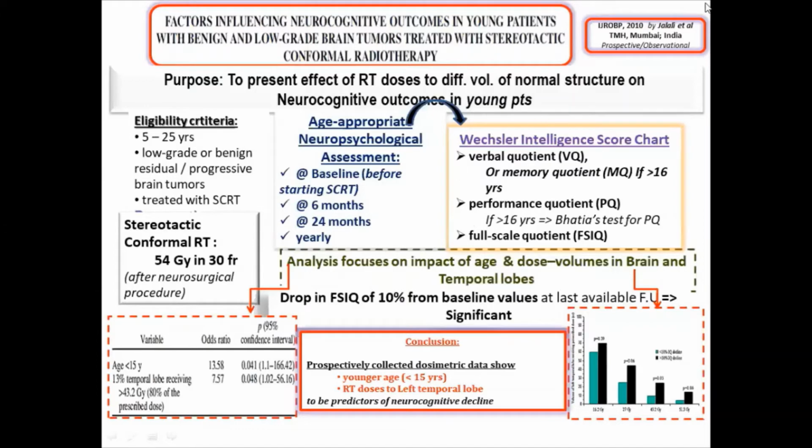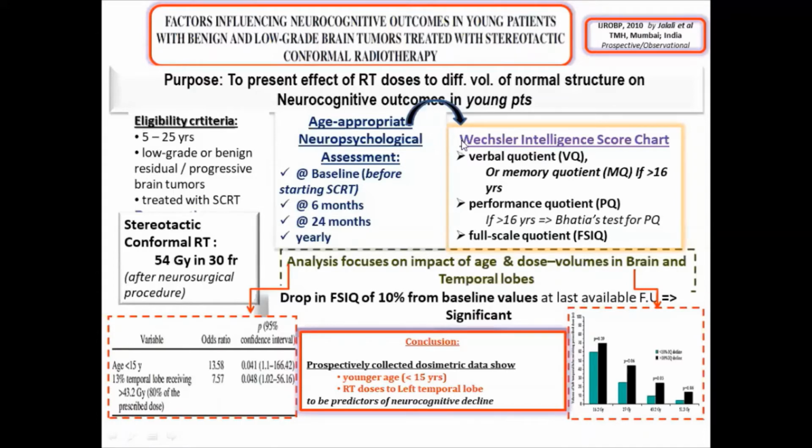So this was a study by Jalali et al., published in 2010, showing the factors influencing neurocognitive outcomes in young patients with benign and low-grade brain tumors treated with stereotactic conformal radiotherapy. It took patients aged 5 to 25 years, with low-grade or benign residual or progressive brain tumors, and they were treated with stereotactic conformal radiotherapy with a dose of 54 gray in 30 fractions.